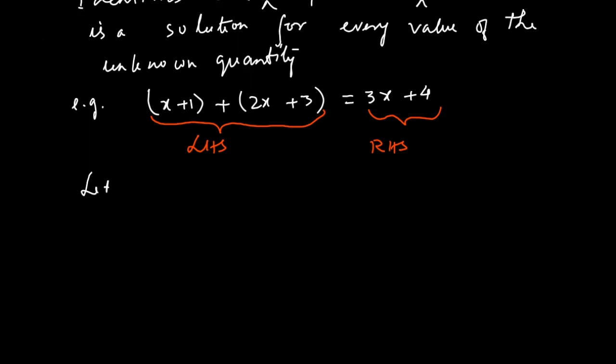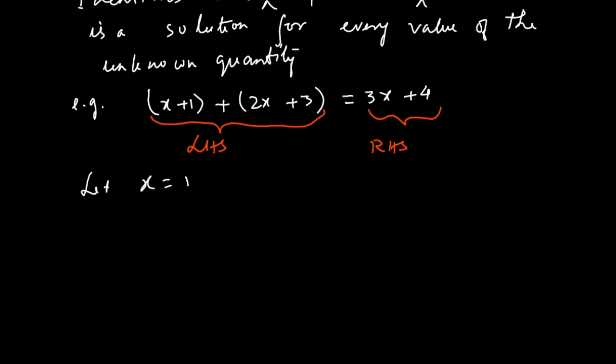Here x is the unknown quantity, and there are coefficients of x like 2 here. Here actually the coefficient of x is 1. So 1 into x is practically x, so it is not written, and here the coefficient of x is 3, and other terms are constants which are numeric digits.